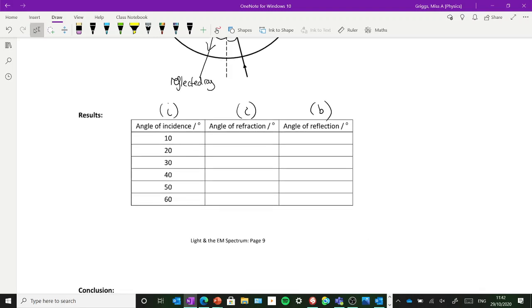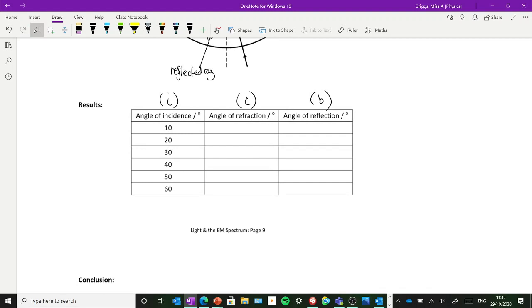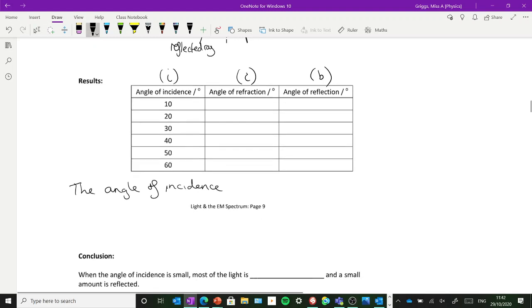Then what I'd like you to do just at the bottom of the table is write down the angle of incidence where the refracted ray disappears.